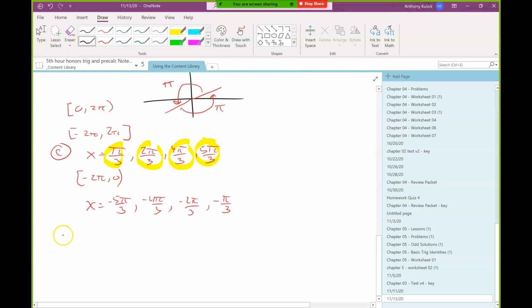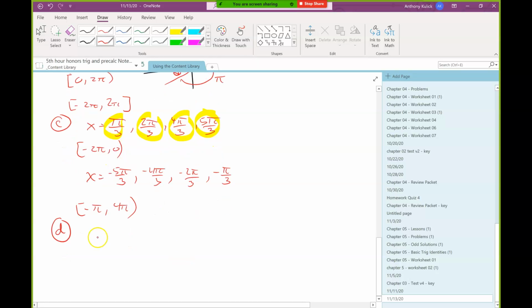All right. The last part, I think the interval is negative pi to 4 pi. So definitely 0 to 2 pi is inside of that interval. So all of our answers for part A are still going to be valid answers here for part D. Okay with that, Victoria?